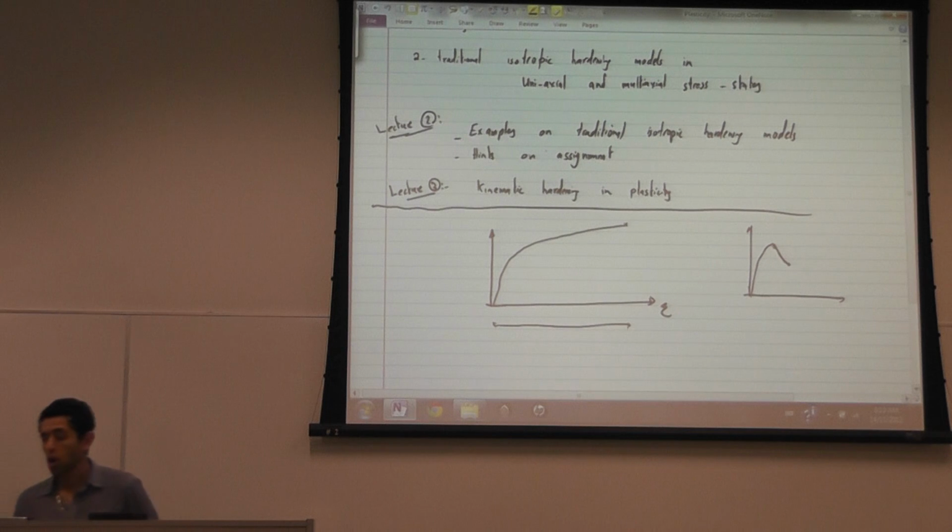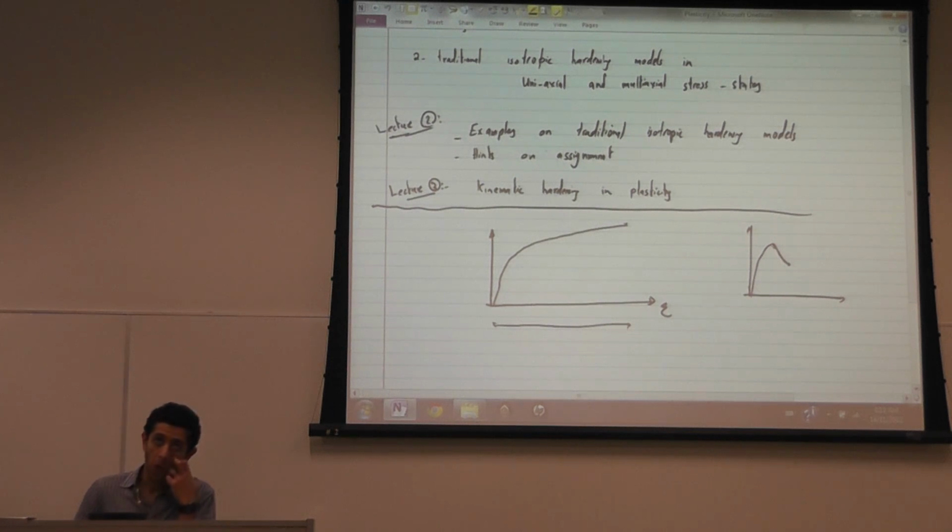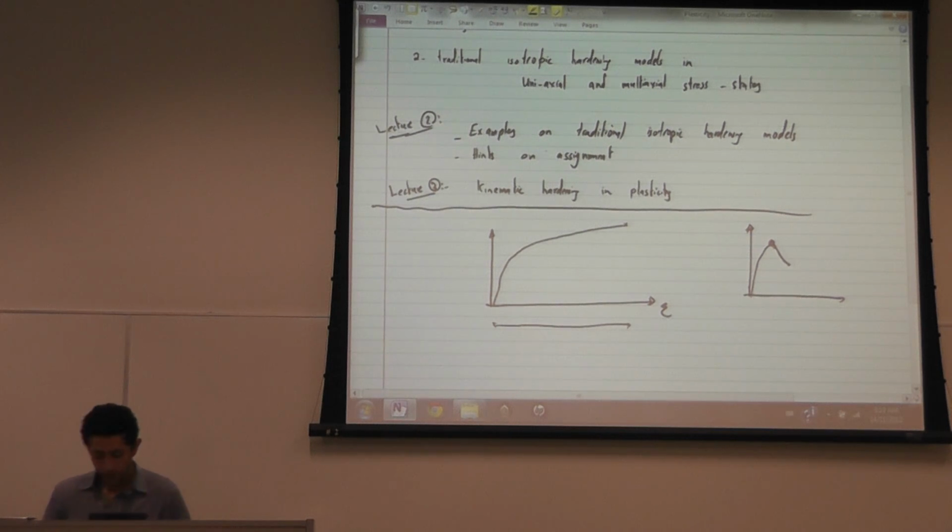When you try to model concrete or soils in a finite element analysis, you will run into lots of difficulties at their peak behavior because of the brittleness of the material.